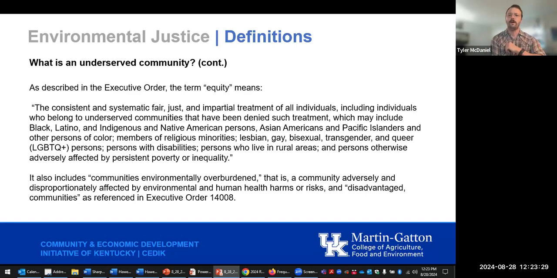So another piece of that is this idea of communities that are environmentally overburdened. So getting back to this brownfield piece of environmental burden and how you might be able to illustrate that, we will talk about in a second with some of these tools. But those are some of the further definitions of how we drill down into underserved, into disadvantaged.